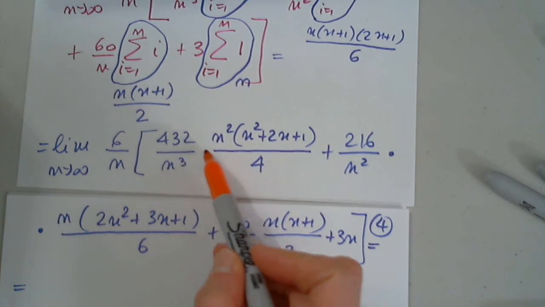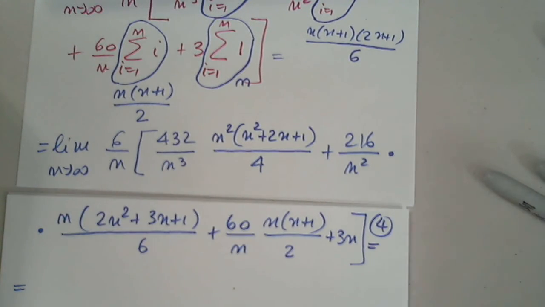Can I simplify 432 by 4? That's what I need. So divided by 2, lazy people like me use a calculator. Okay, so I can also divide by 2 again. Oh yeah, awesome.